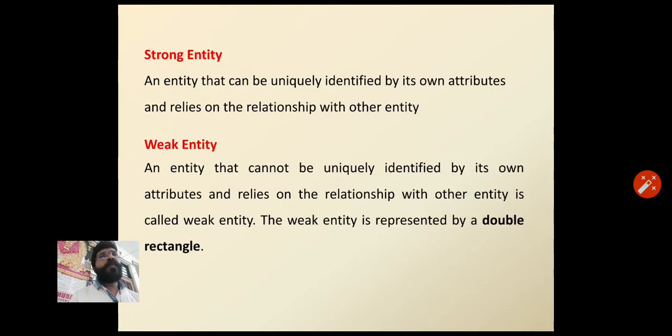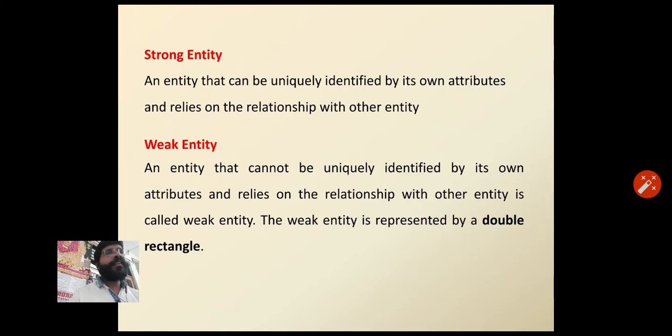Entities have two types. First is a strong entity, second is a weak entity. A strong entity can be uniquely identified by its own attributes and does not rely on a relationship with other entities. That means the entity has different attributes and one of the attributes can uniquely identify the other attributes. So, this is a strong entity.